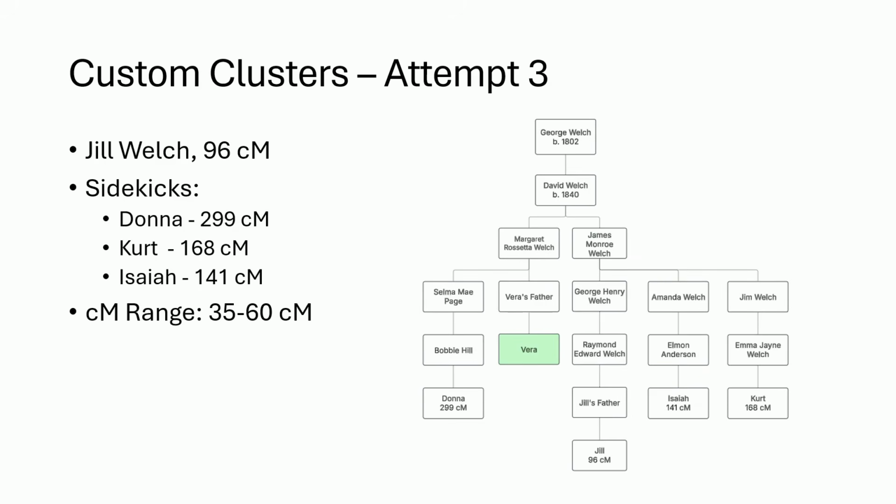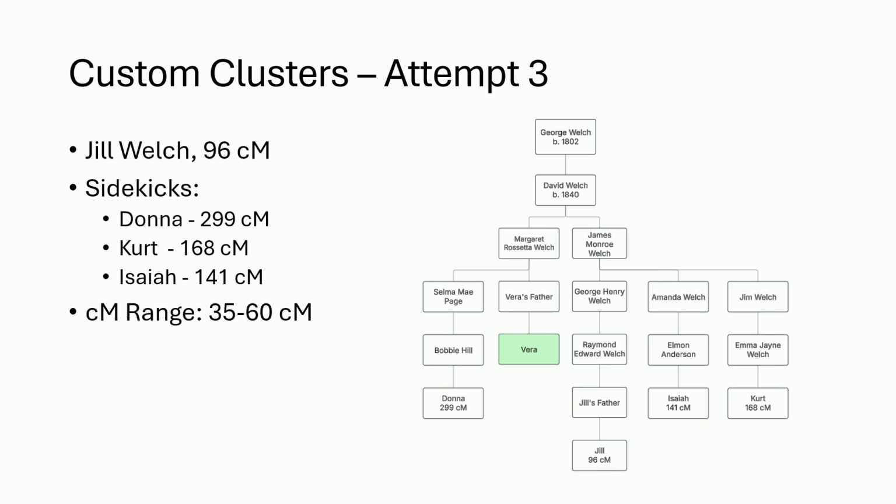For my next attempt at custom clusters, I kept Jill as the match of interest, and for the sidekicks, I found 3 other descendants of David Welch that shared more DNA. So I was kind of looking for casting a really wide net by getting people on this line of the family who share more than even 96.